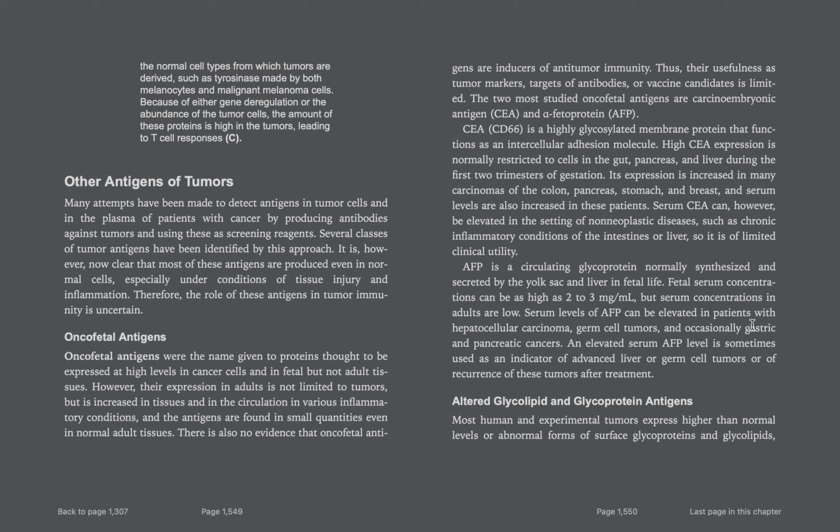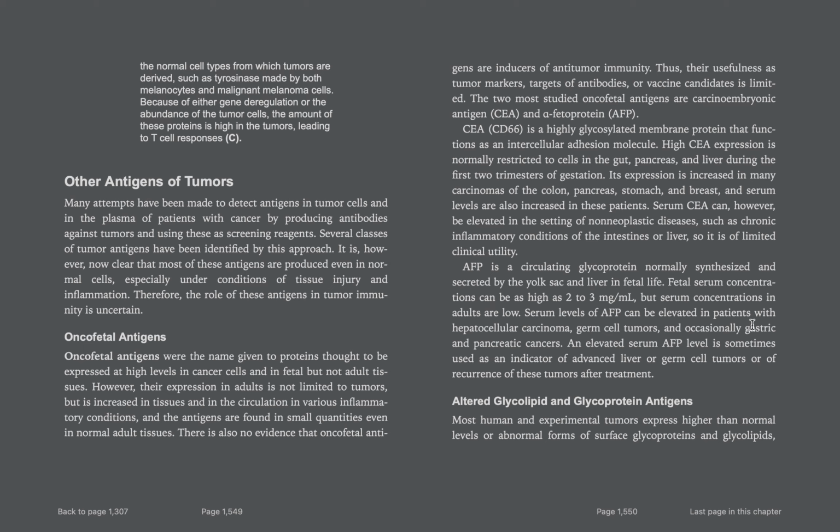Fetal serum concentration can be as high as 2 to 3 mg per ml, but serum concentrations in adults are low. Serum levels of AFP can be elevated in patients with hepatocellular carcinoma, germ cell tumor, and occasionally gastric or pancreatic cancer. An elevated serum AFP level is sometimes used as an indicator of advanced liver or germ cell tumor or of recurrence of these tumors after treatment.